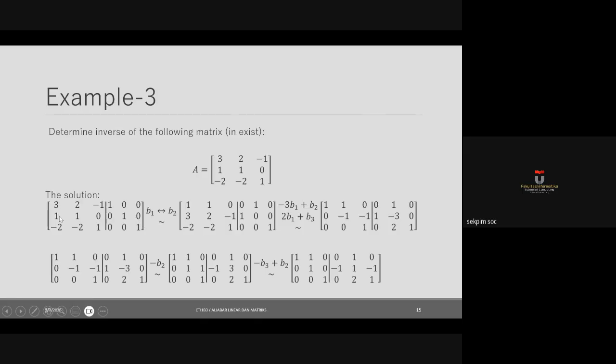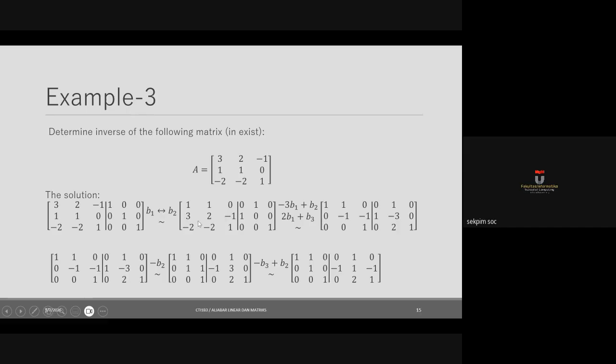You do the elementary row operation for all elements in the specific row. So you exchange all elements in row 1 and row 2. So in the first row, you will have 110, 010. And the second row, you will have 3, 2, minus 1, 100. Okay. And we get the first pivot here for the first row.